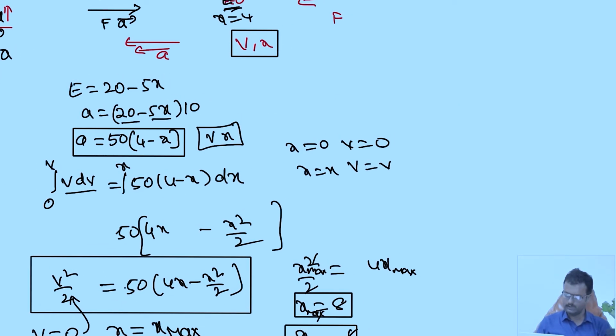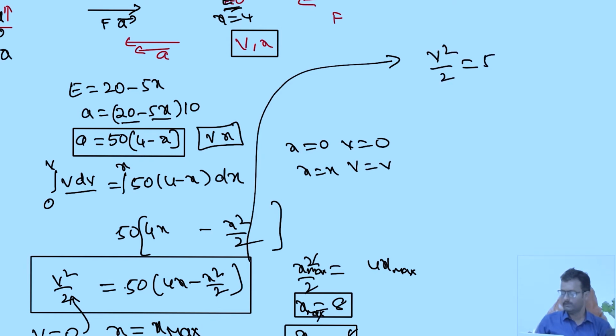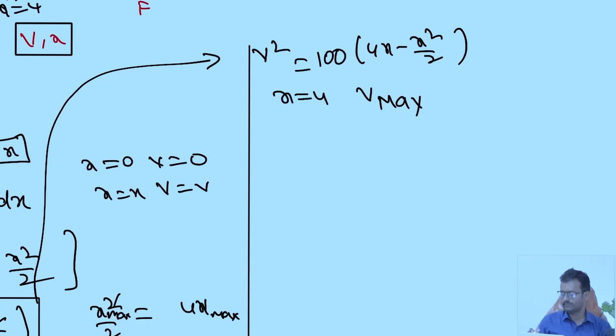See, what is the velocity and displacement equation? So this is v square by 2 is equal to 50 into 4x minus x square by 2. Bring 2 to this side, then it becomes 100. Okay, so at x equal to 4, v has maximum.